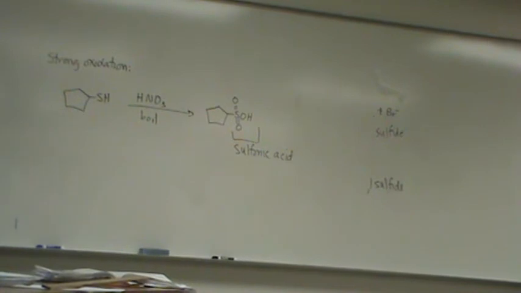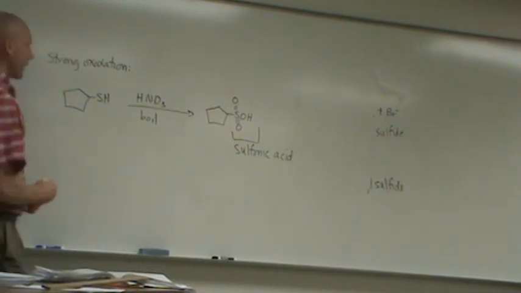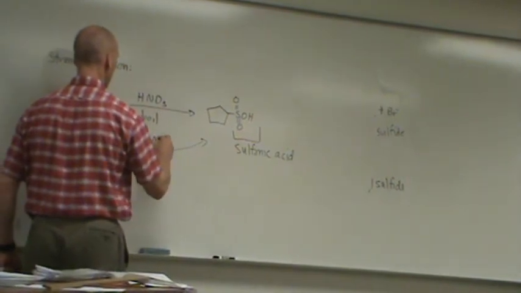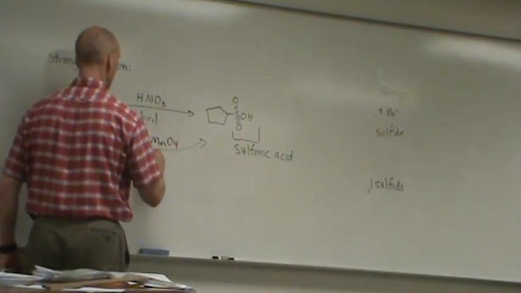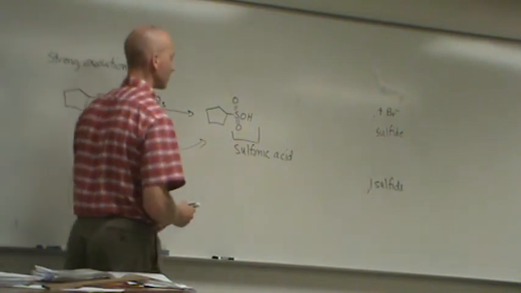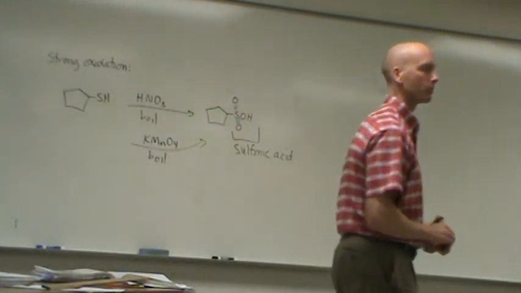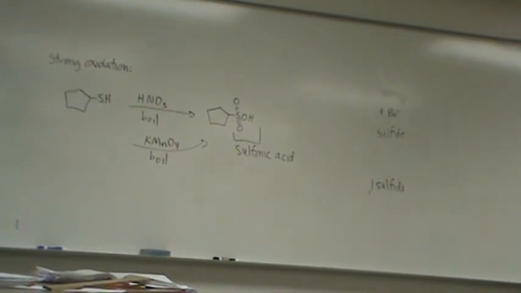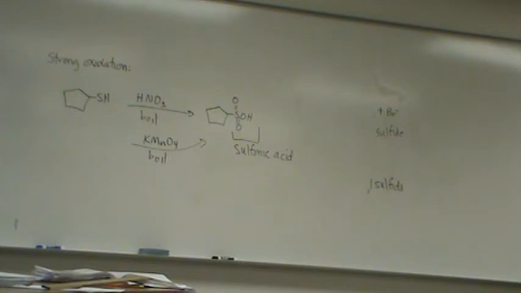Another way to do the same reaction is to use KMnO4 and boil it. I advise you to do the reaction in the hood, because you're heating it up, and so toxic fumes are going to be coming off.